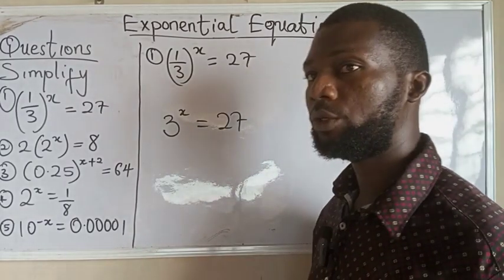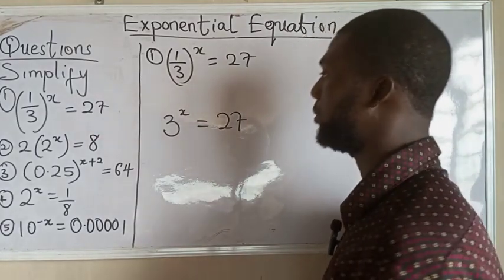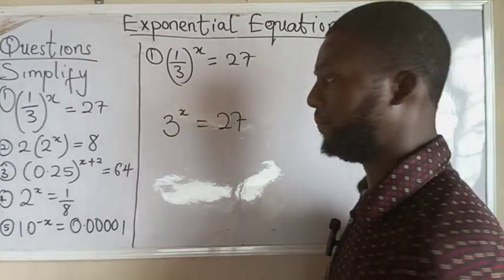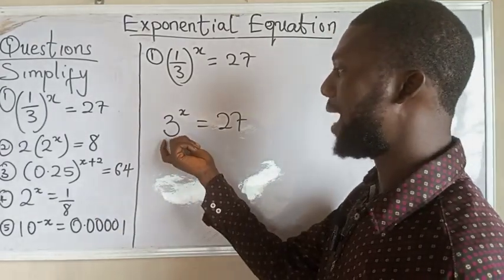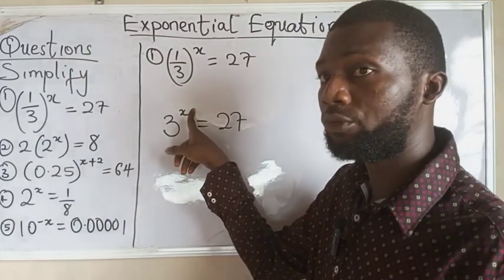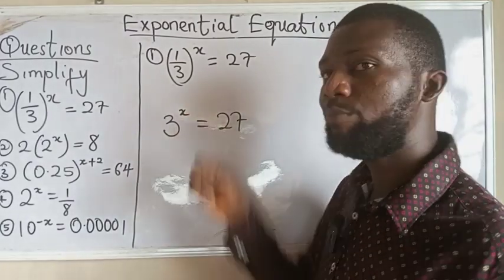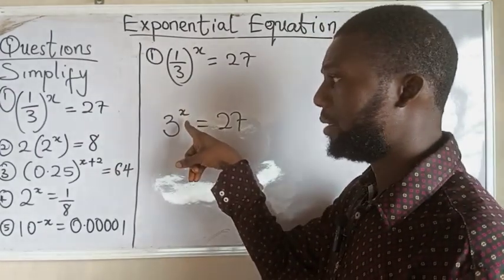When solving questions on exponential equation, let's note that the left hand side will have a base and an unknown that we want to solve. This unknown may be positive or negative. That is the power that we want to solve.